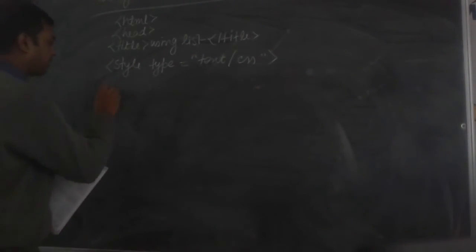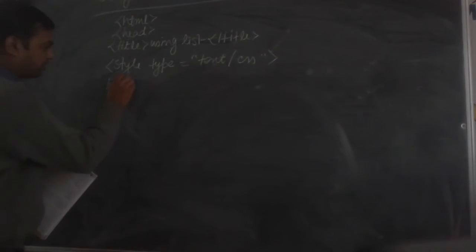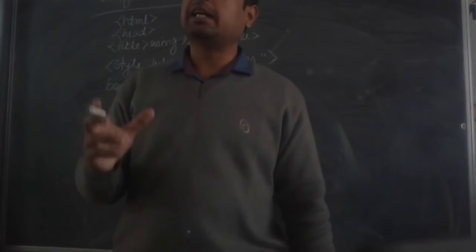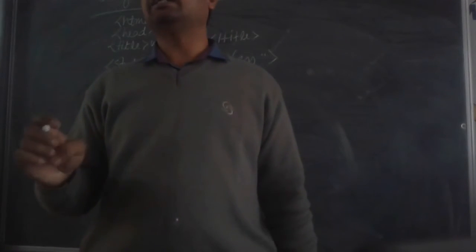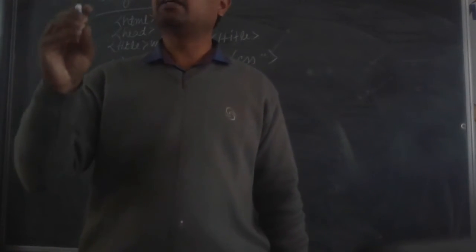For example, body, and in this curly bracket we can give the color. Giving color is similar as we are writing the color in the tag.